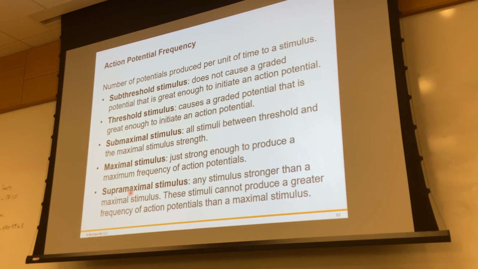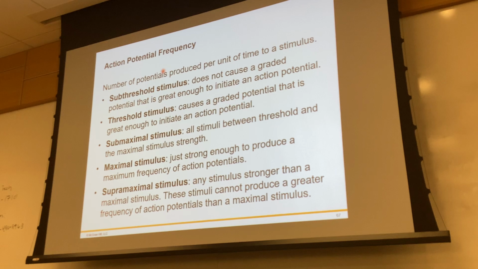So now, how do you get increased strength of a signal? That's this last message for today. You don't increase the strength of the action potential, you only increase the frequency, the number of potentials produced per unit of time.